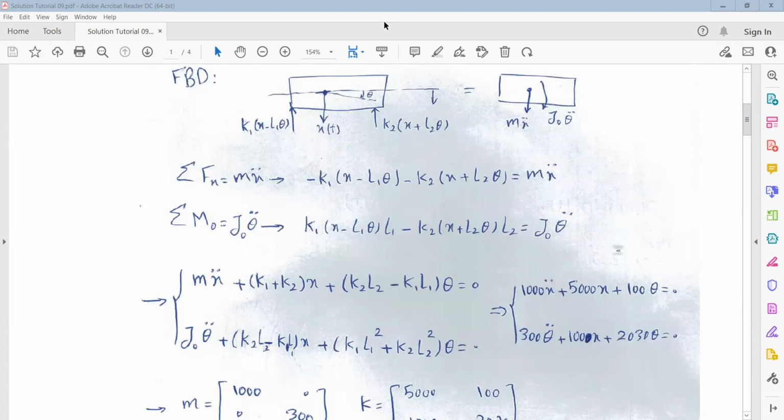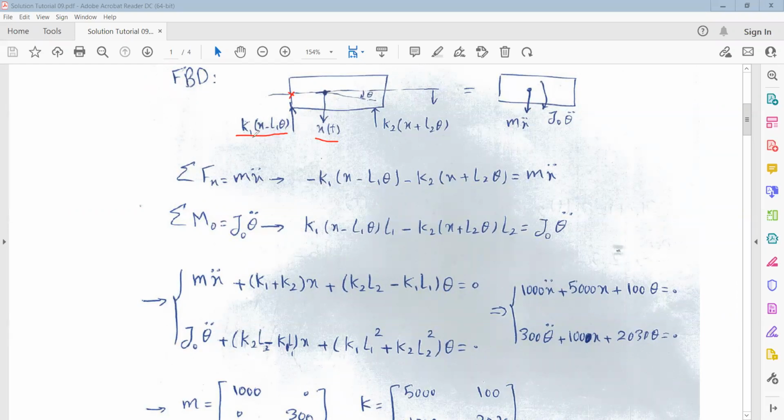x and theta. As you can see, x is the displacement or deflection of the mass center, and theta is rotation about this point. So the force in the spring located on the left is K1 times x minus L1 theta, because theta is in the clockwise direction and the displacement x is in the downward direction. So this point, due to the rotation theta, will go up, but due to the displacement x will go down.